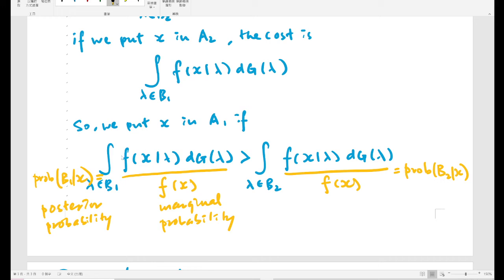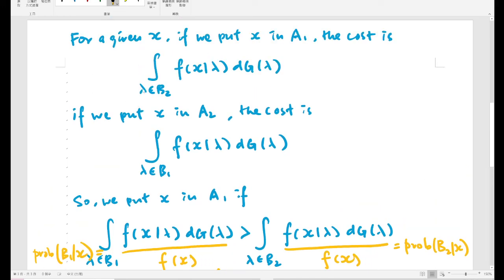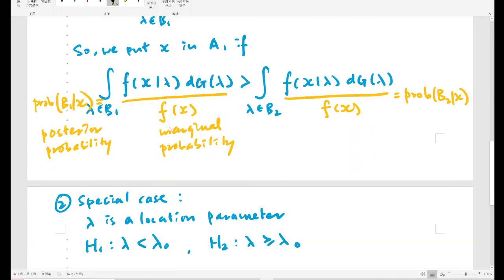So whenever the posterior probability of lambda in B1 is larger, then we should put x in A1. Similarly, when the posterior probability of lambda in B2 is larger, we should put x in A2. Very similar to the argument in simple hypotheses. The only difference is that the cost here has an integral, but in the simple hypothesis, we don't have the integral.